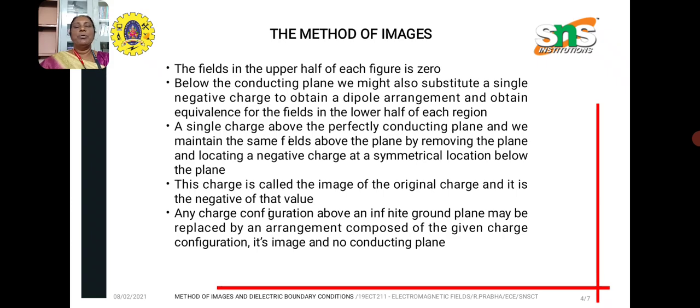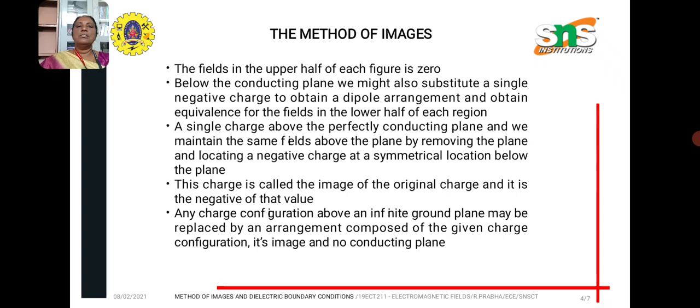We know a dipole is the configuration which has equal magnitude but opposite charges at both sides, and obtain the equivalent for the fields in the lower half of the region. A single charge above the perfect conducting plane, and we maintain the same fields above the plane by removing the plane and locating a negative charge at a symmetrical location below the plane.